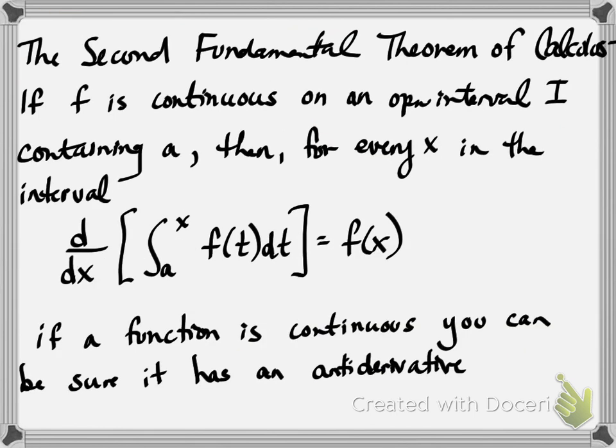Second fundamental theorem of calculus. If f is continuous on an open interval I containing a, then for every x in the interval, the derivative of the integral from a to x of f of t dt equals f of x. So if you look at what really happened, a couple of things. We took the derivative of an integral, and they canceled each other, and we got to plain old f function.